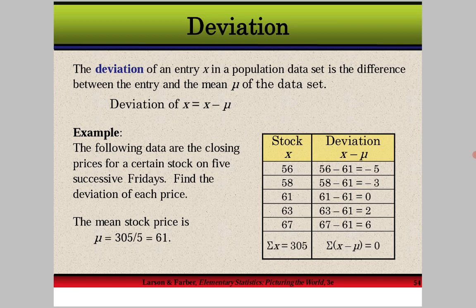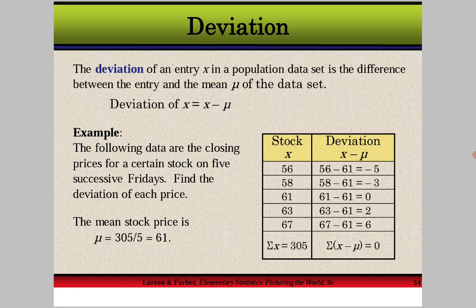The following data are the closing prices of a certain stock on 5 successive Fridays. Find the deviation of each price. The sum of x is 305, and the mean mu is 305 by 5, that is 61. Generally deviation is measured for each and every data item.